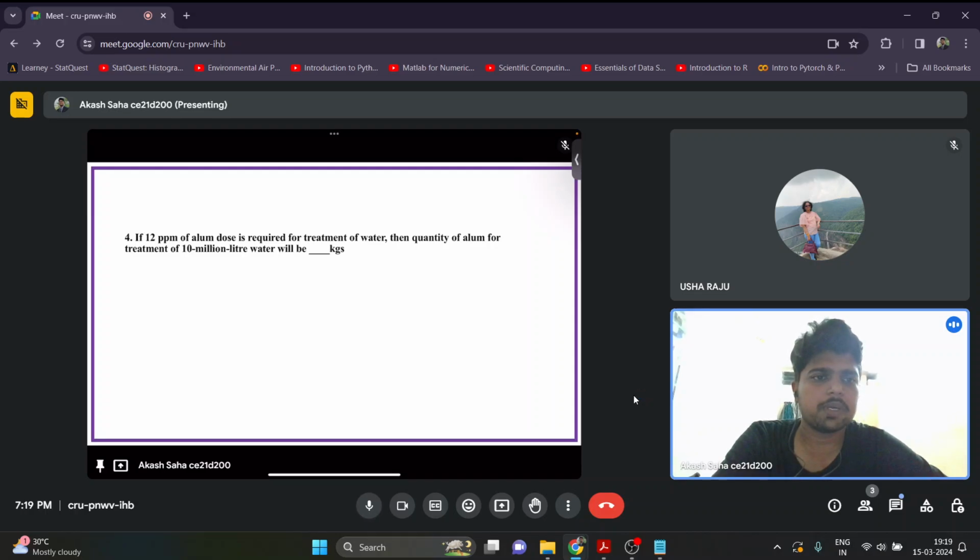Dose is 12 ppm. So 12 ppm is equal to 12 milligram per liter. And the discharge is also given, 10 million liter per day, 10 MLD. So what will be my alum requirement in kgs per day?